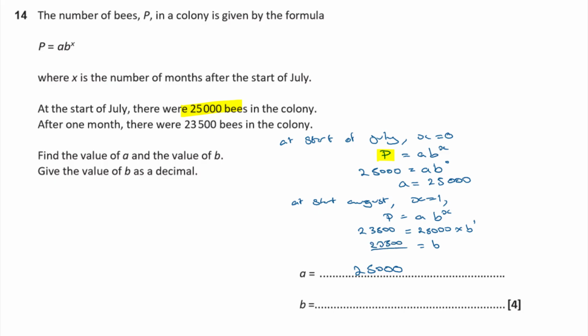Okay, so what's 235 divided by 250? So those two zeros cancel with those. It's left me with 235 divided by 250. So can I cancel that down some more? Because I want to convert it into a decimal. So 235 over 250. To convert into a decimal, I want to try and get it over 100.